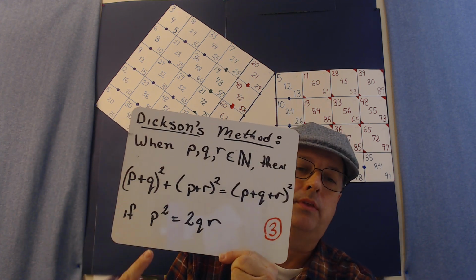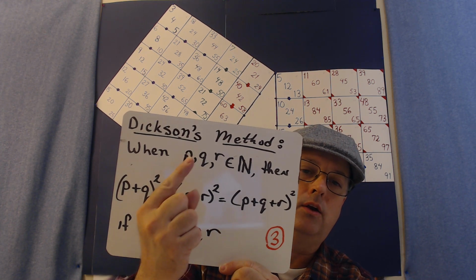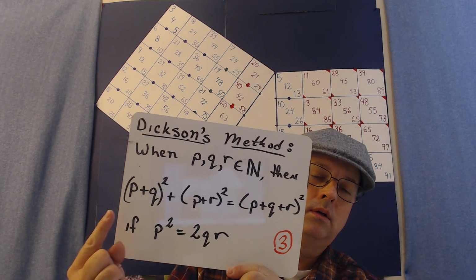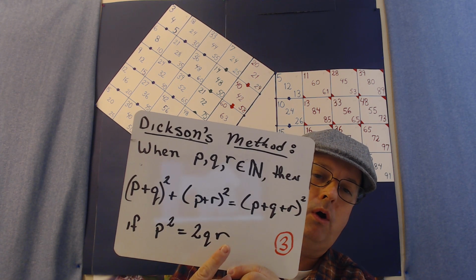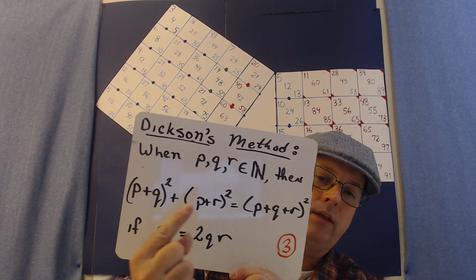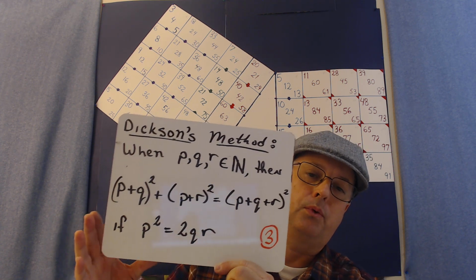And Dickson's method says if you pick a P, a Q, and an R, where P squared is equal to 2QR, and then you add them in this manner, then you will generate a Pythagorean triple.